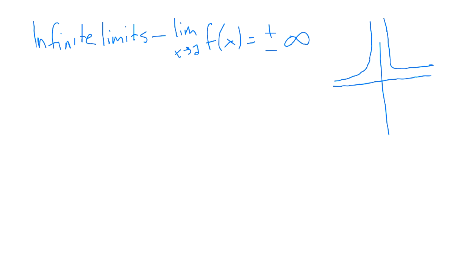And then this also brings us to a quick discussion of vertical asymptotes. Asymptotes are very closely related to limits. Vertical asymptotes are essentially the same thing as saying you have an infinite limit at a point.